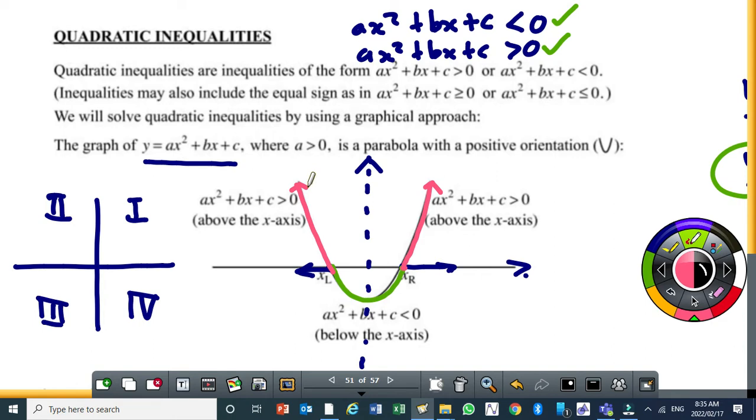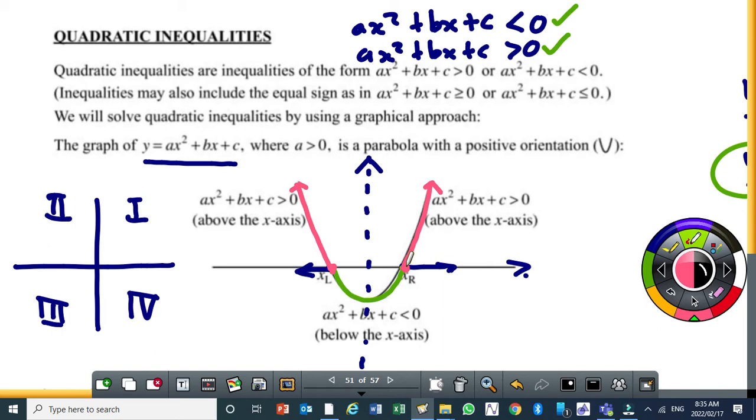Here we'll be moving from a very high value of x, which is negative, towards negative infinity. So y will be positive. That is from minus infinity up to the x value here, which is an x-intercept. And then y will also be positive from the second x-intercept all the way up to positive infinity. The space between the two x-intercepts, that's when the inequality will be negative.